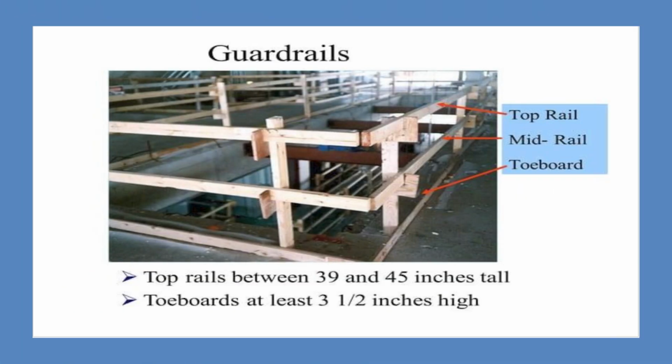Guardrail: here you see the guardrail near the floor opening. Top rails, mid rails and toe board are the parts of a guardrail system. Top rails are between 39 and 45 inches tall and the toe board is at least 3.5 inches in height.